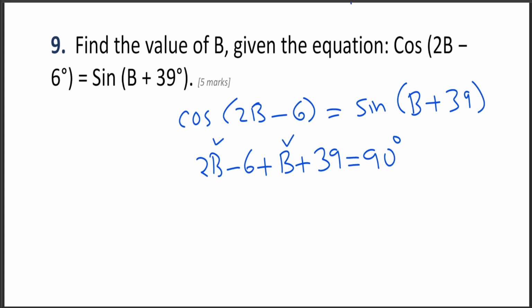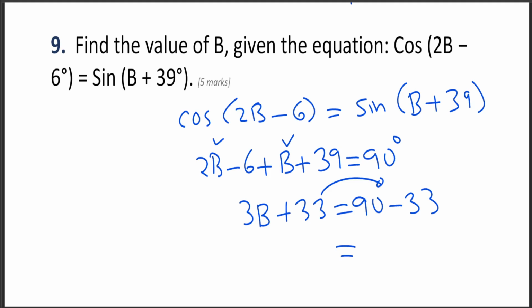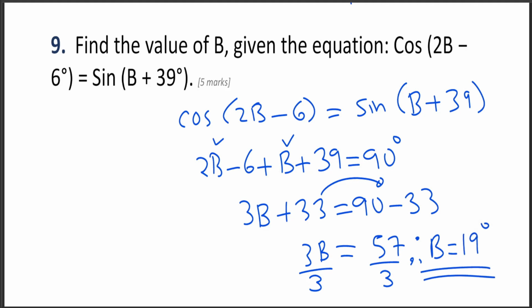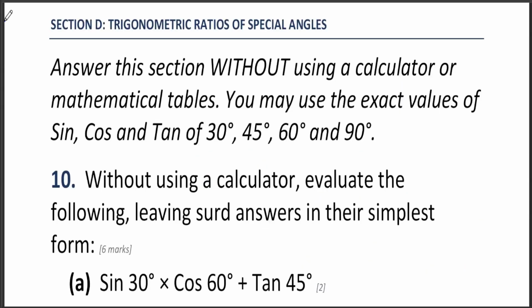So 2b plus b, 3b, minus 6 plus 39 itakupa plus 33 is equal to 90. 33 peleka the other side, itakuwa minus 33. So 90 minus 33 ni 57. 3b is equal to 57. Divide by 3, divide by 3, b is equal to 19 degrees. So this is your answer as well.